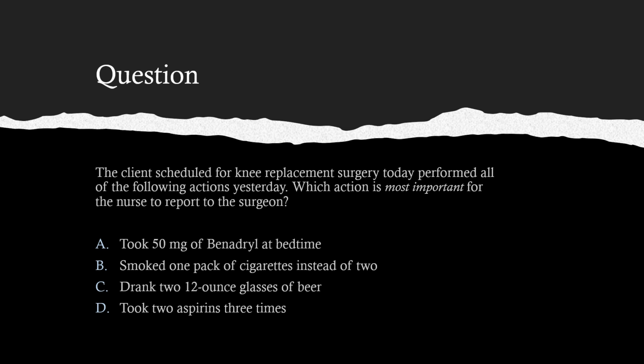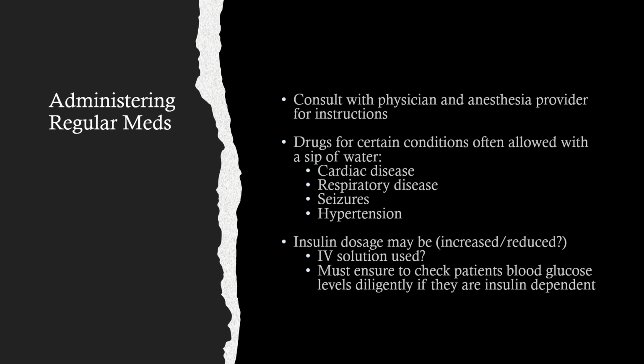If you pick D, you are correct. So now we're talking about the regular meds that the patient is normally on. Doing a good history on medications and understanding what the patient is taking on a regular basis is very important prior to surgery.